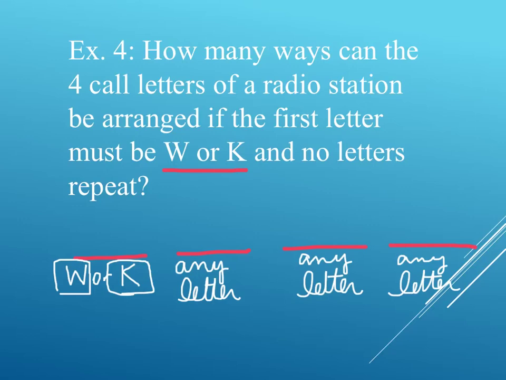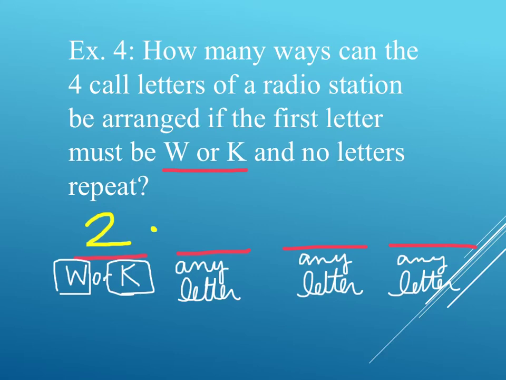So how many ways can I get a W or a K? Well, there's only two options. I'm either going to get a W or I'm going to get a K. So I have a 2, and I put that dot there because I'm going to be multiplying according to the fundamental counting principle.